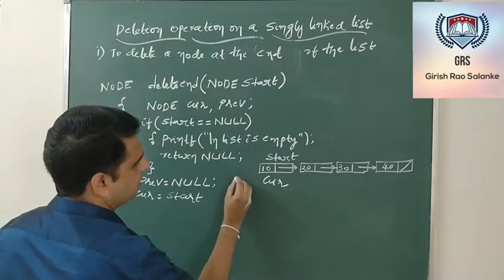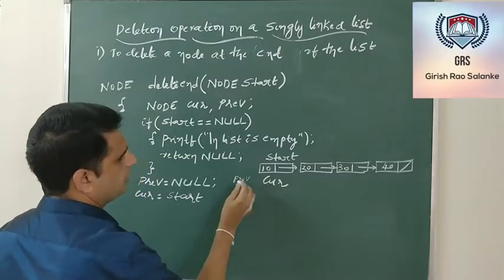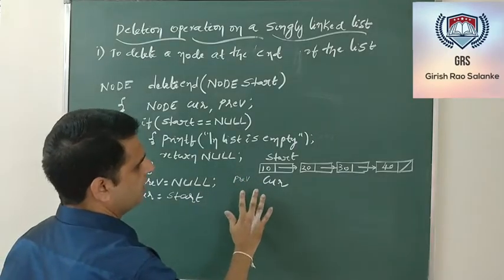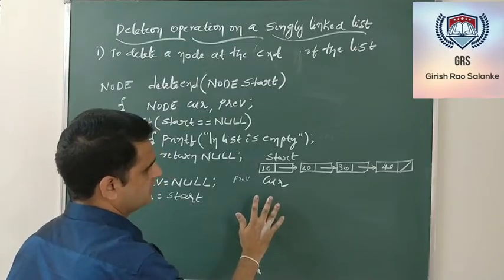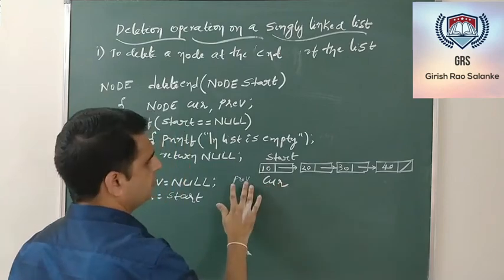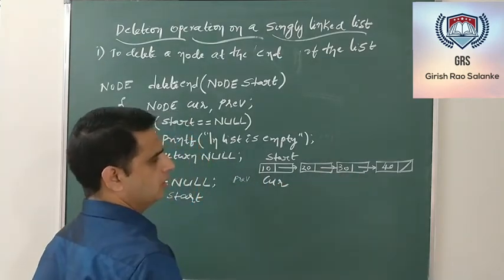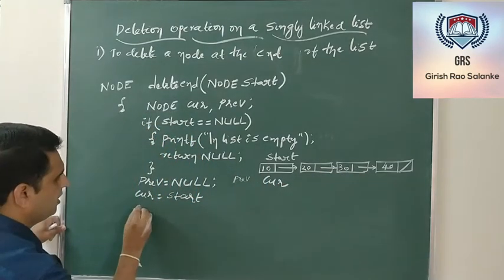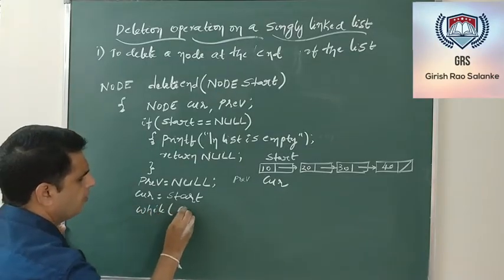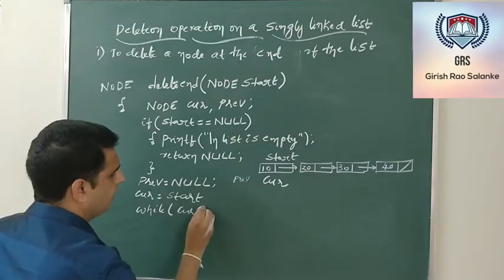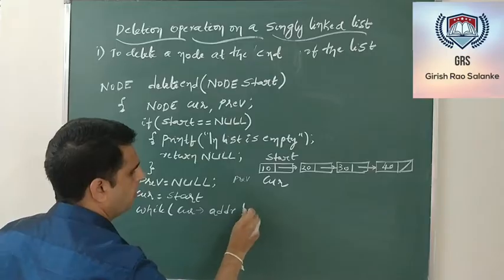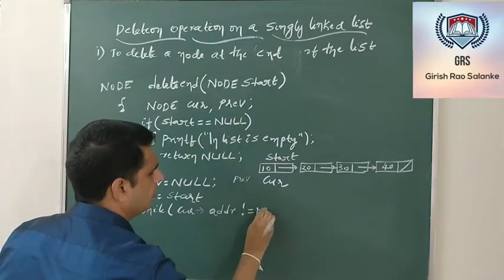I'll assume that my previous is somewhere here, not pointing to any node. Now I need to traverse both current and previous such that current is pointing to the last node and previous is pointing to the last but one node. Let's see how to do it. Same thing, take a while loop: while current of address not equal to null.